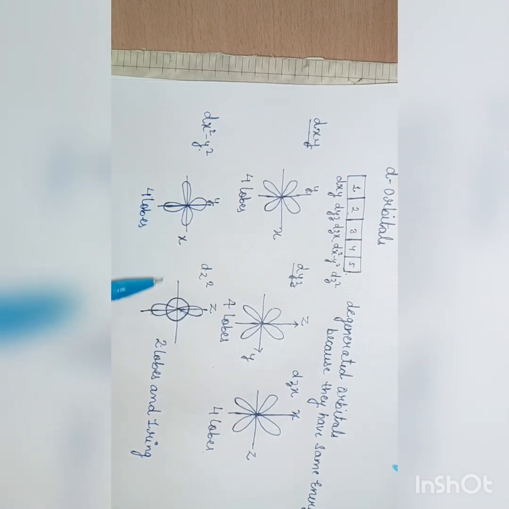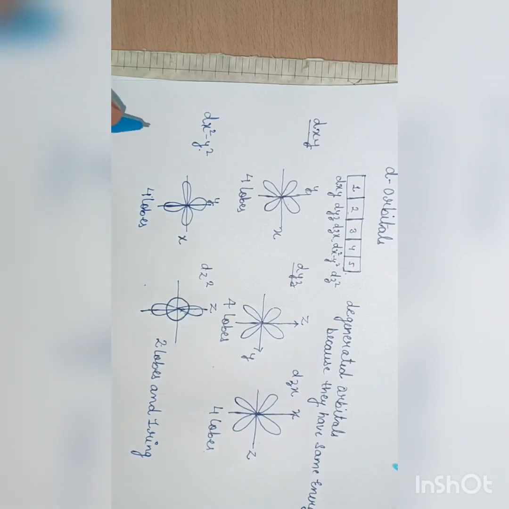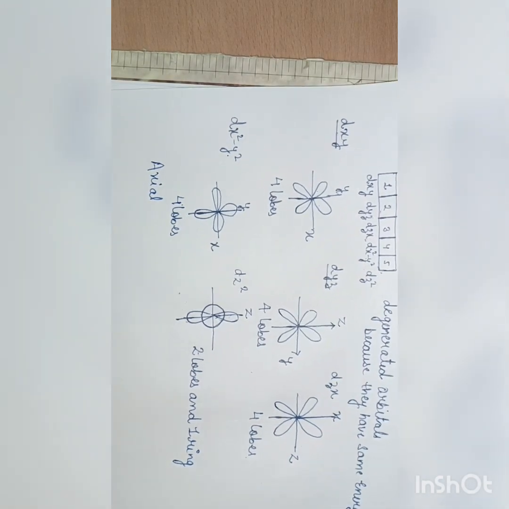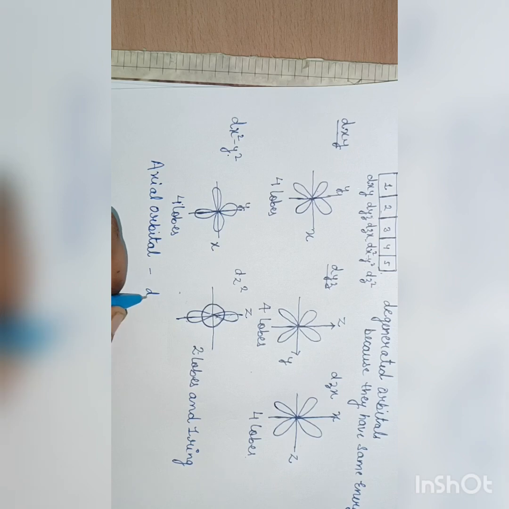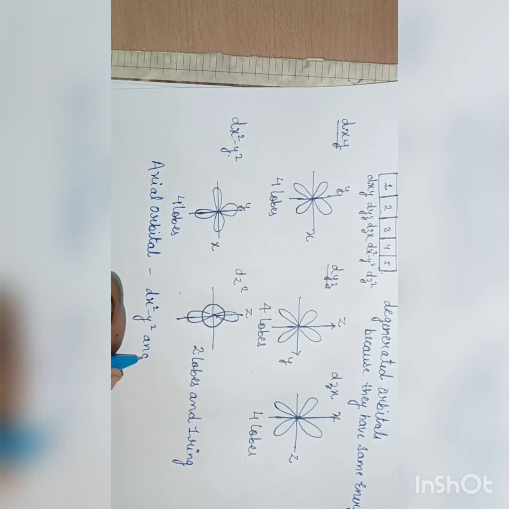So these are called axial orbitals. What are axial orbitals? dx square minus y square and dz square.